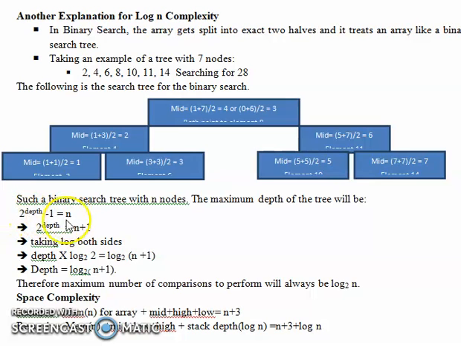So using this formula, we have 2 raised to the power of depth of the tree is equal to n plus 1, where n is the total number of nodes in this particular tree. Now we take log on both sides.